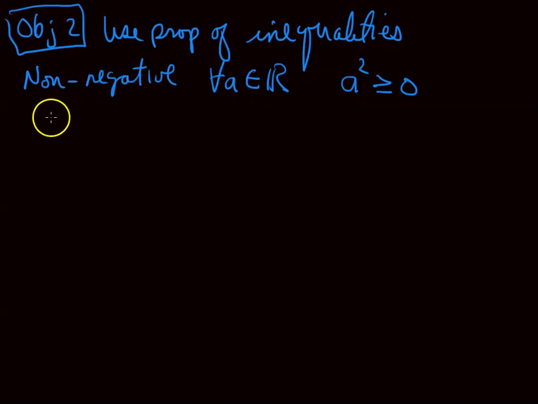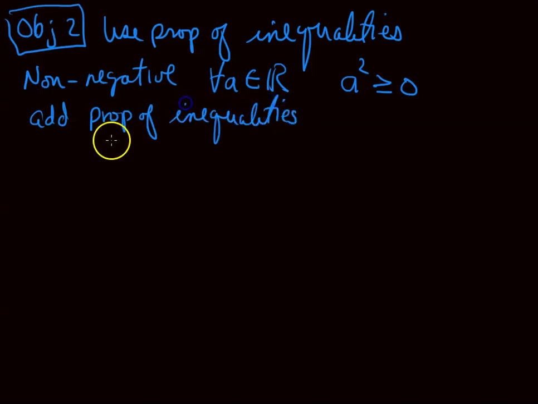So, what about the addition properties of inequalities? Now we had the addition property of equalities, which meant you could add the same thing to both sides, and the equals would remain the same. What we're going to do for this one is, when you add or subtract, the inequality symbol remains the same.